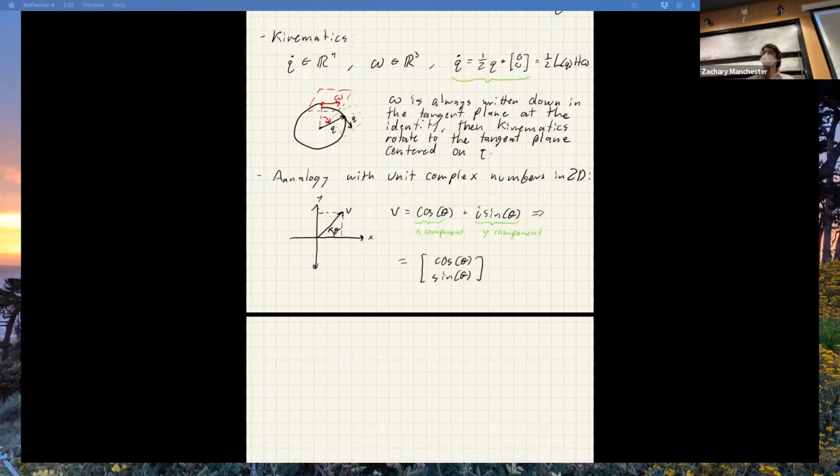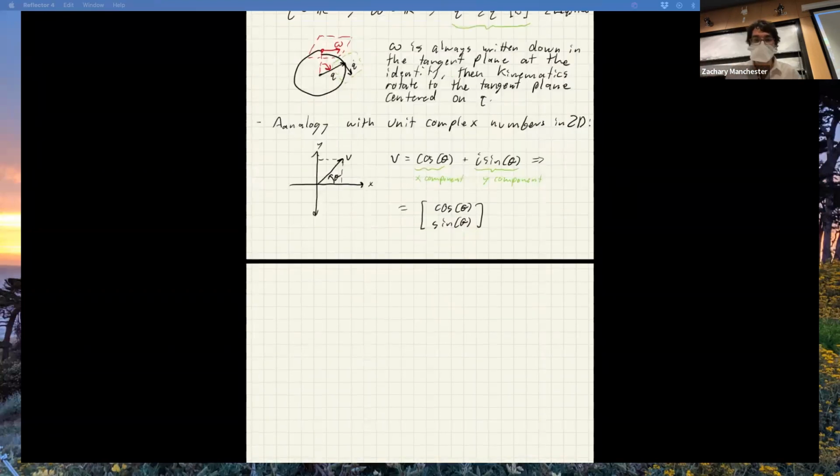Notice the closeness of this to the Quaternion kinematics that we wrote down, with the scalar vector part stuff. It looks almost the same, but there's this weird factor of 2 thing. Also, just like the Quaternion, V transpose V equals 1. It's unit norm.